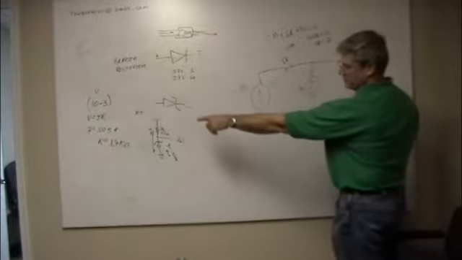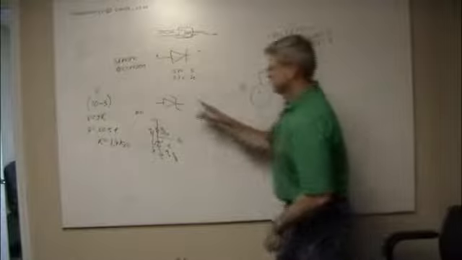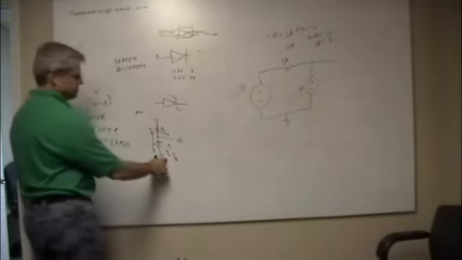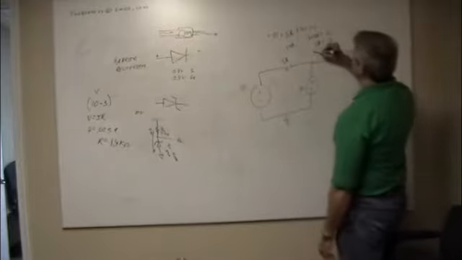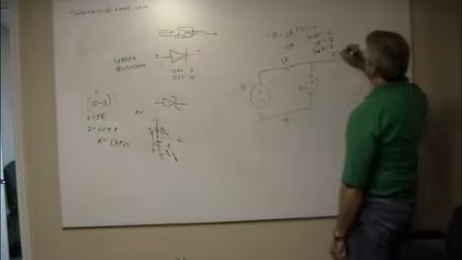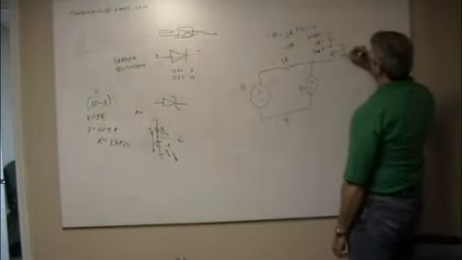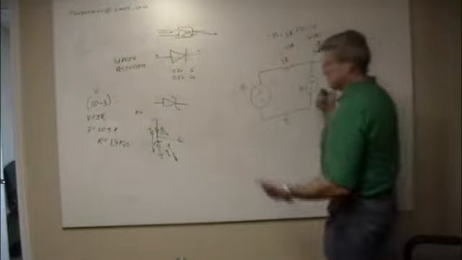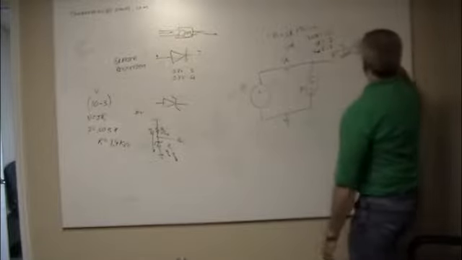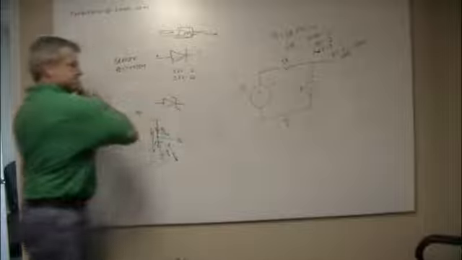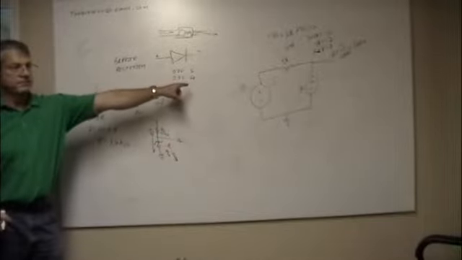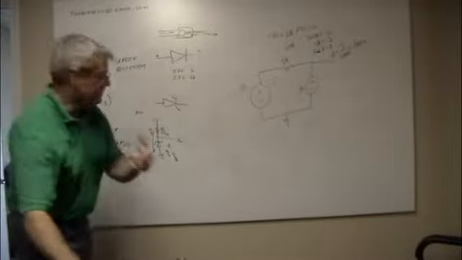And we set I to 5 milliamps. So 5 milliamps R equals 7. R equals 7 divided by 0.005 equals 1.4 k ohms. That's why you want to do that. One of the reasons. Let's go to the next.